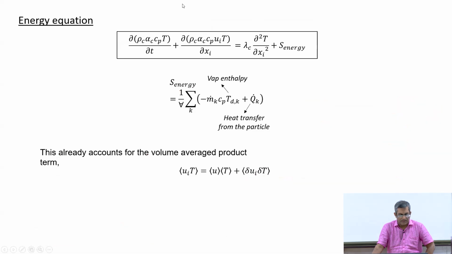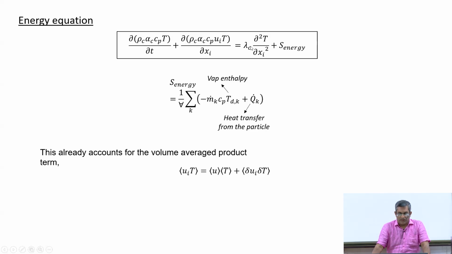Next, energy equation. In a similar way, we have a source term in the energy equation also. Here again, if you consider that the carrier phase volume fraction is approximately equal to 1, then the left side is essentially the same as the single phase flow, and that represents the convective heat transfer.